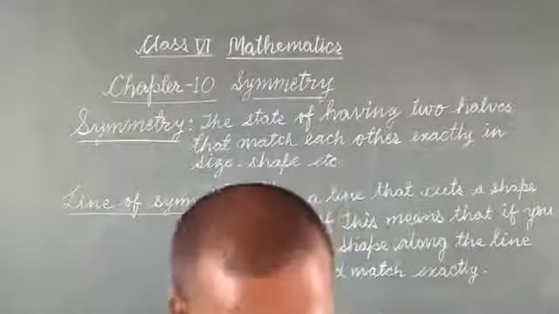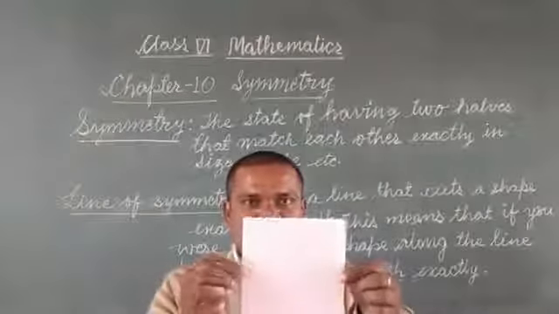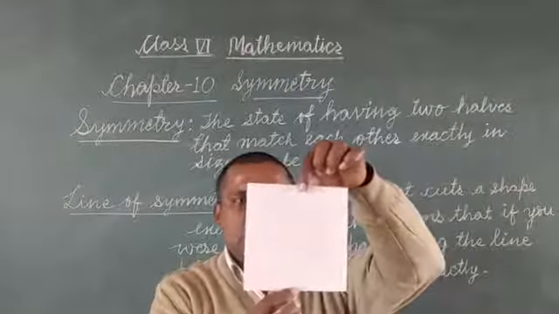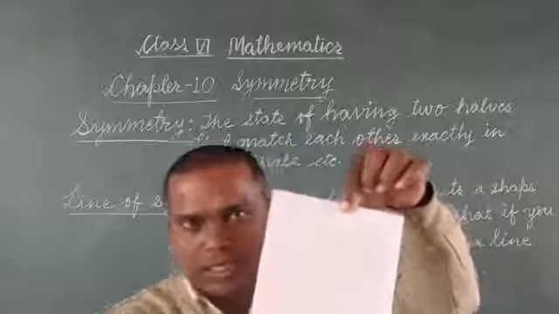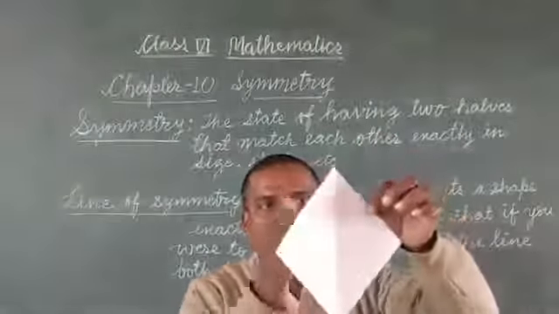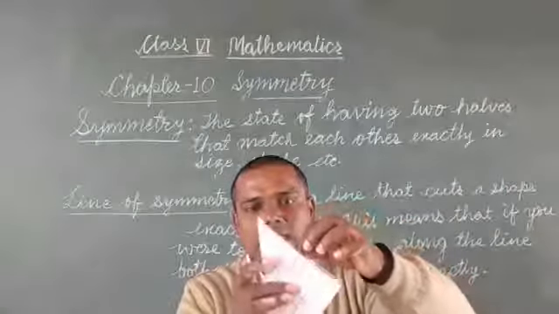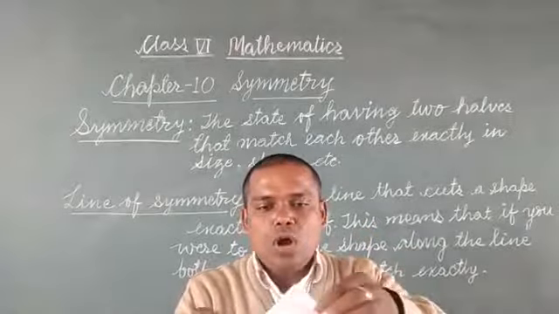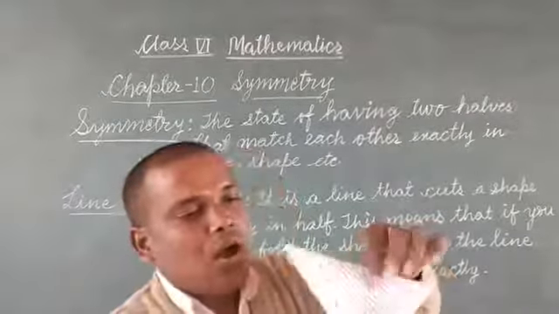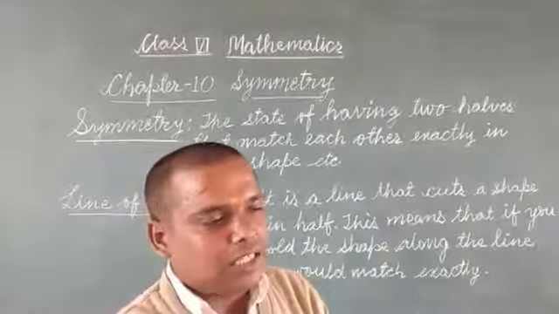Try to understand. Suppose I have this picture, and you see it is just looking like a square. So I am going to fold along the diagonals. So I am folding it. The two halves along the diagonal of the square exactly match each other.